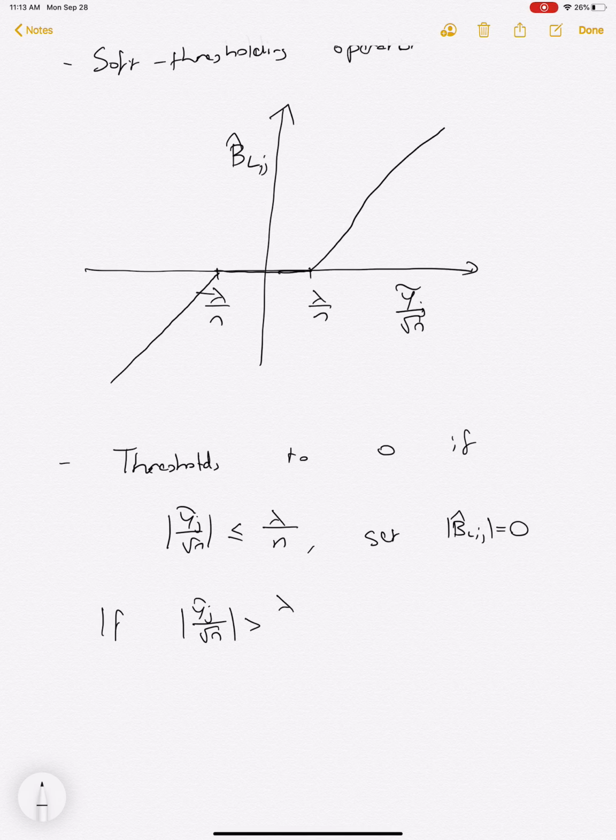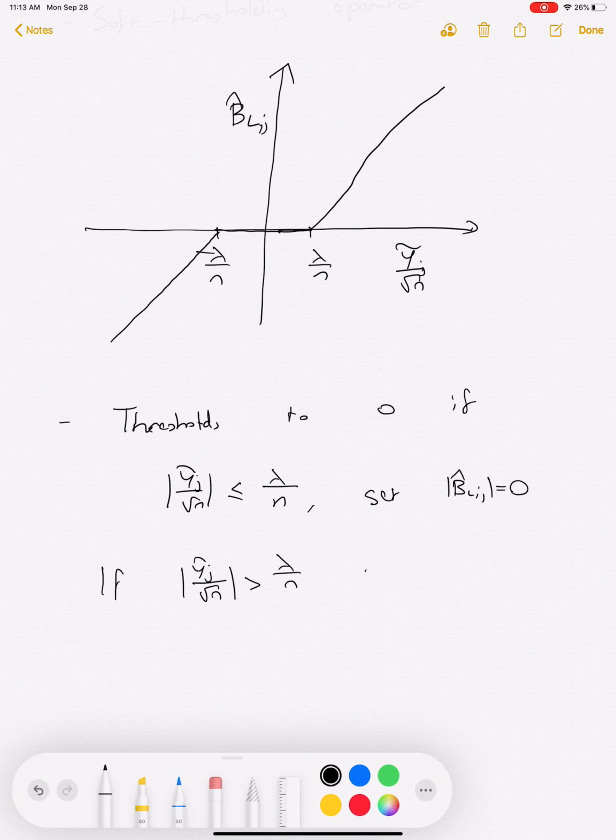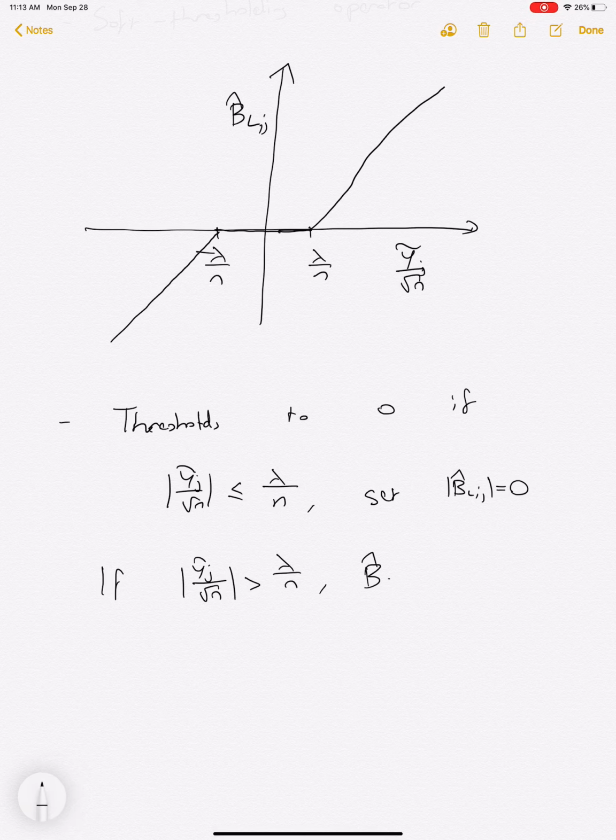If the absolute value is bigger than lambda over n, b hat lj will not be 0. It'll be positive if y hat j is positive, but it has to be bigger than this threshold of lambda over n. And if it's less than negative lambda over n, which means it's larger than the threshold in a negative direction, it'll be negative.